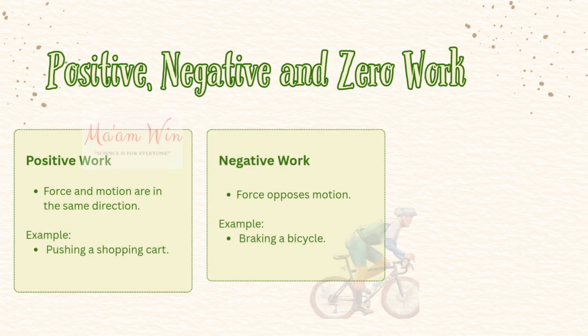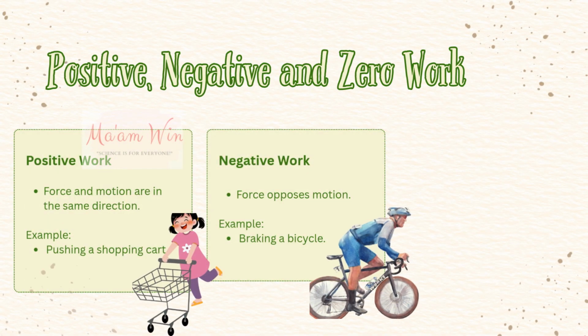Next is negative work. This occurs when the force acts in the opposite direction of the object's motion. A common example is the braking system of a bicycle or a car.